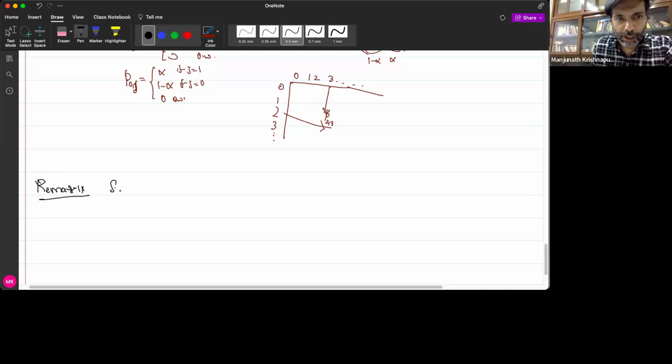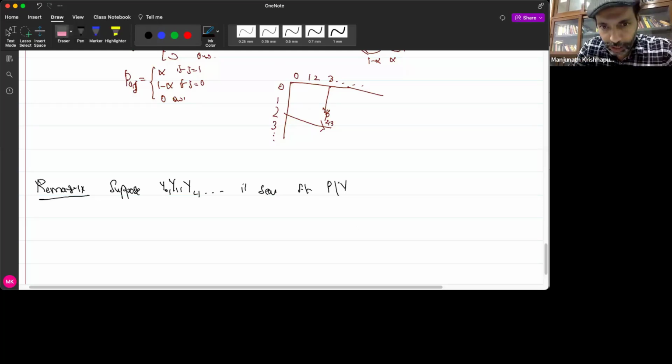Suppose y0, y1, y2 is a sequence such that it has memory 2. Sorry, I will erase and write again. So it has memory of 2, let us say.